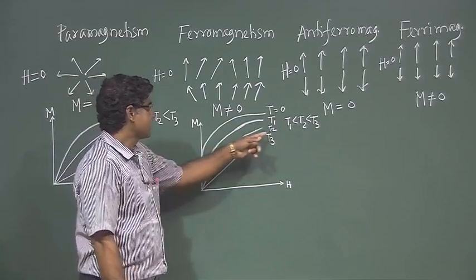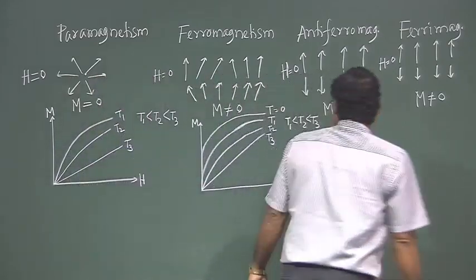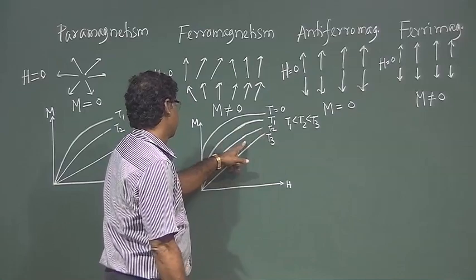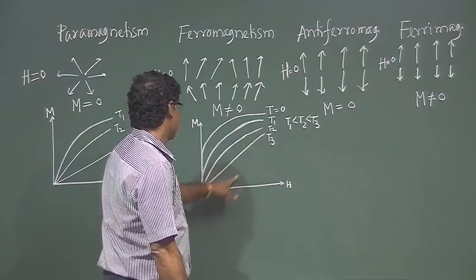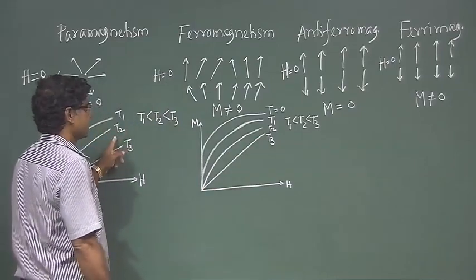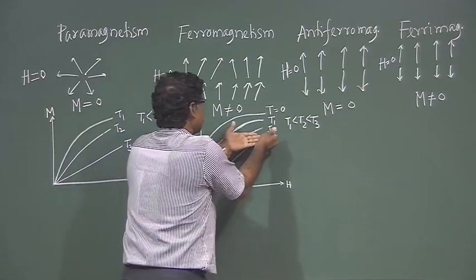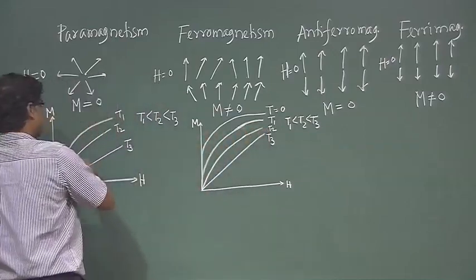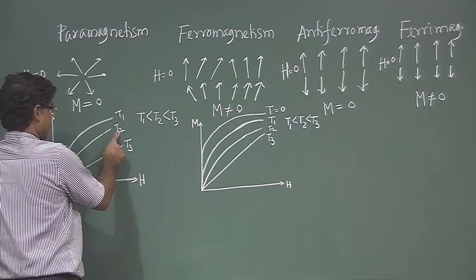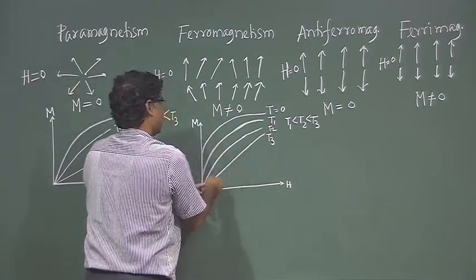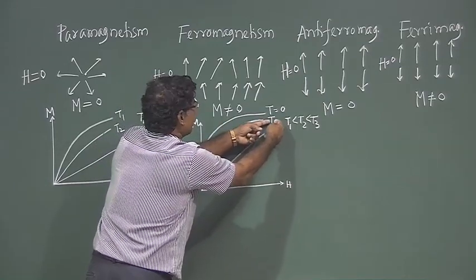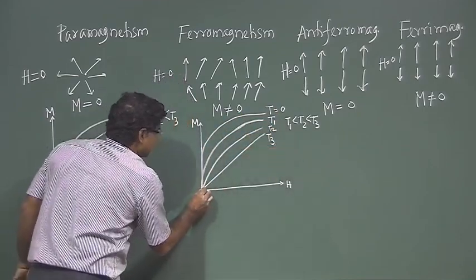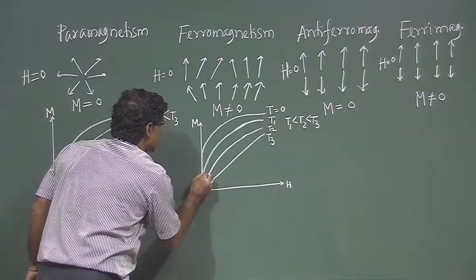Here the T3 temperature variation is similar to the other, and T2 here is similar to T2 there. But at T1 and T0, which are lower temperatures than T2 and T3, we get some magnetization; it does not start from 0, it starts from here.